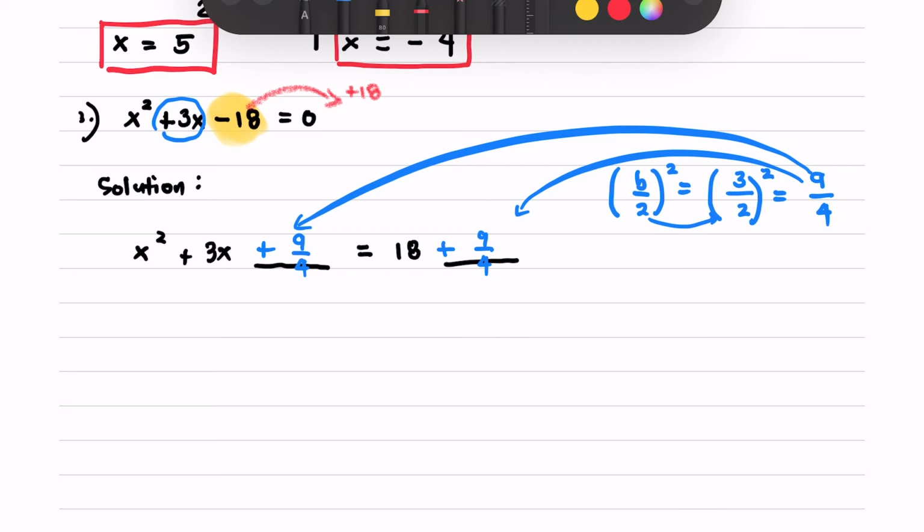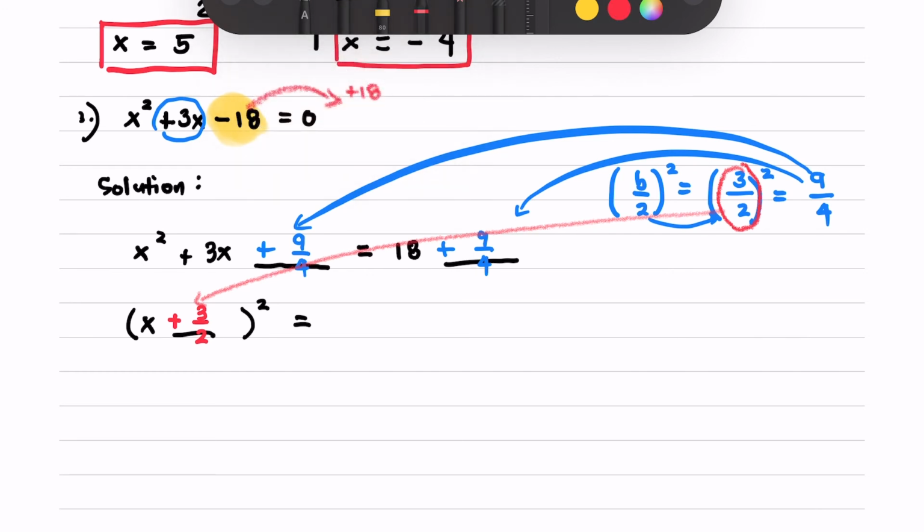Next is we're going to express the perfect square trinomial as a square of a binomial. So, express lang natin yan. We have, maglalagay muna ako ng ganyan. So, ano ilalagay ko dito sa loob? So, yung ilalagay natin dyan sa loob is ito. Yan. Yan yung ilalagay sa loob. Pati yung sign niya. So, we have positive 3 over 2. Okay, ganun lang siya.